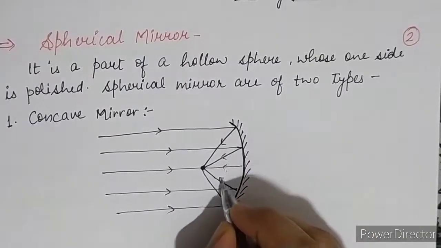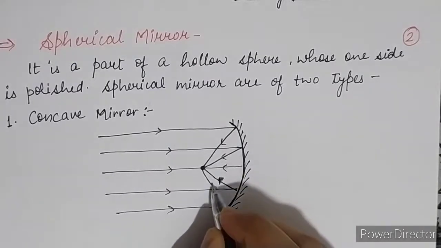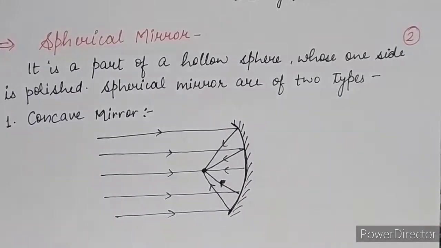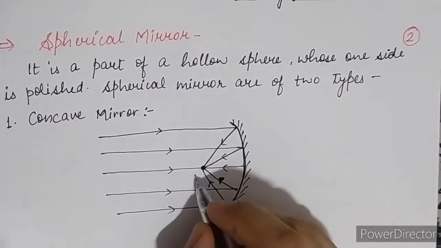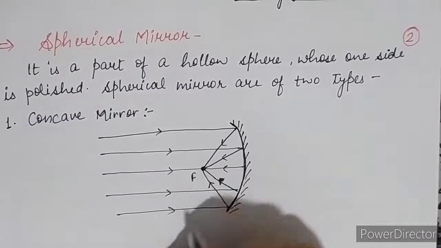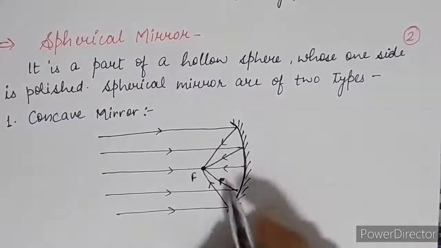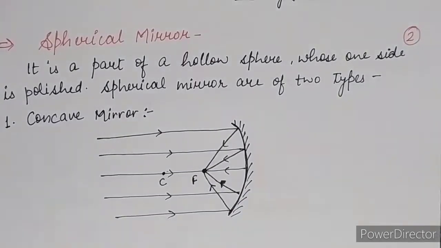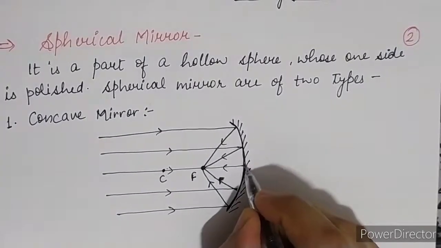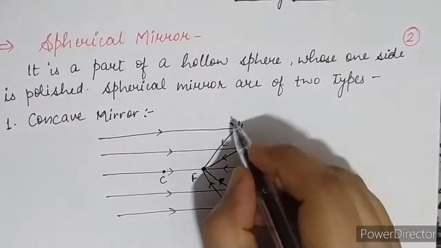That's why the concave mirror is also termed the convergent mirror, and where they meet, that point is the focus point, and the center of curvature is this, and this one is the pole. These denotations I will explain thoroughly afterwards.